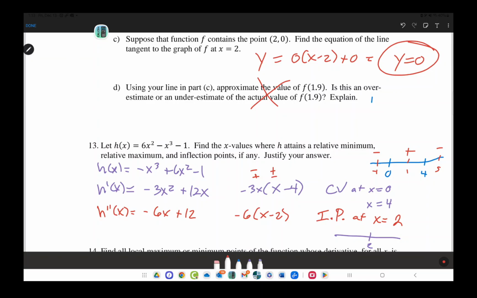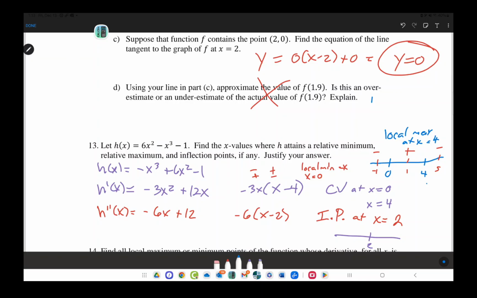So the function goes from negative to positive. So that's decreasing to increasing. So this would be a local min at x equals 0. And then it goes from increasing to decreasing. So local max at x equals 4.